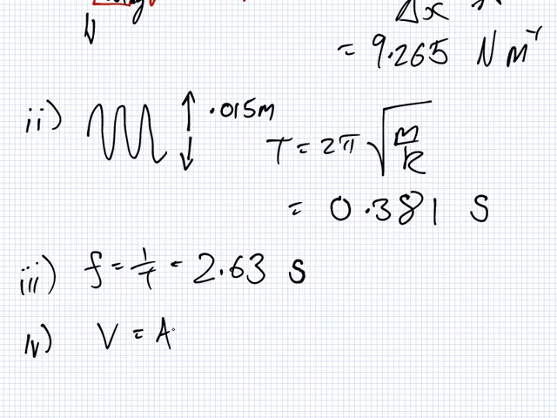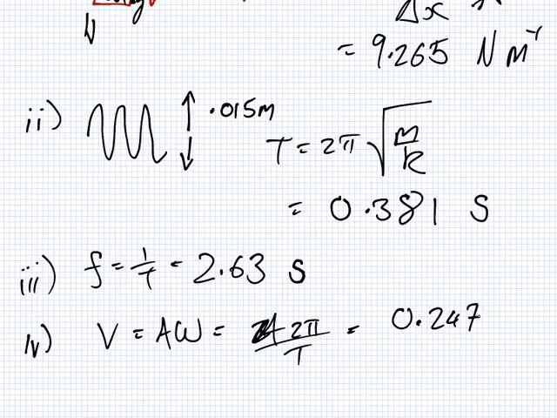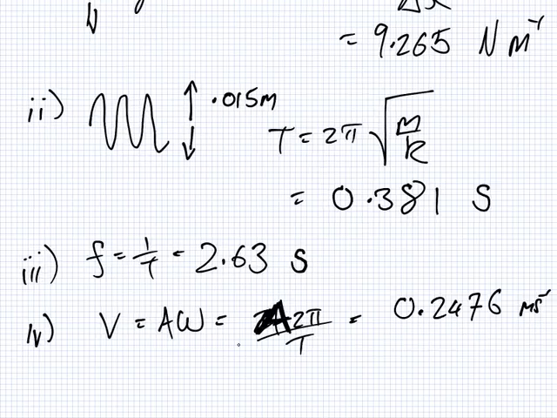Maximum velocity is A omega, which is A times 2 pi over T. What is what? A. Okay.